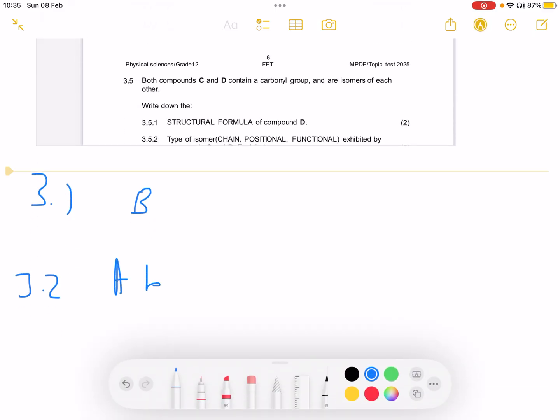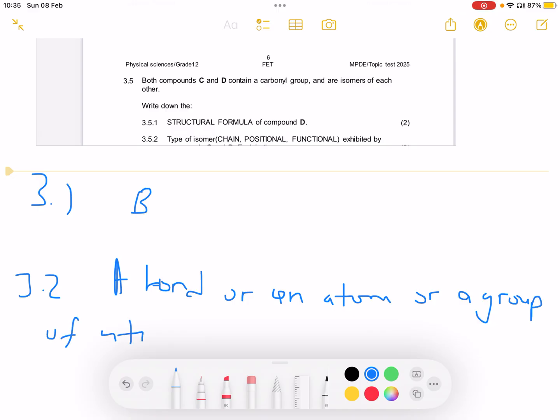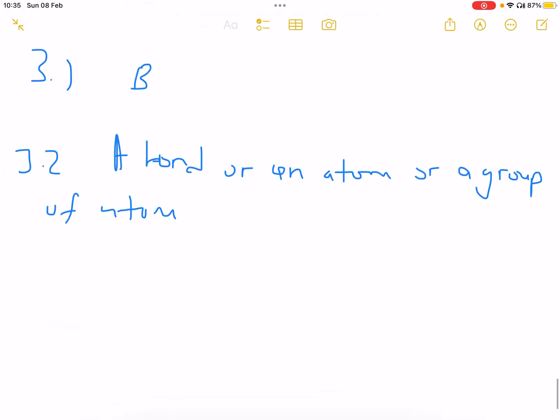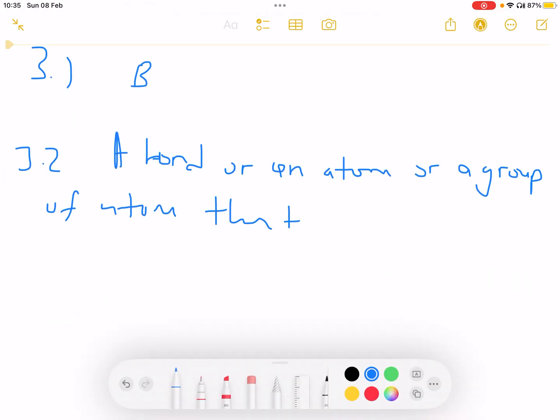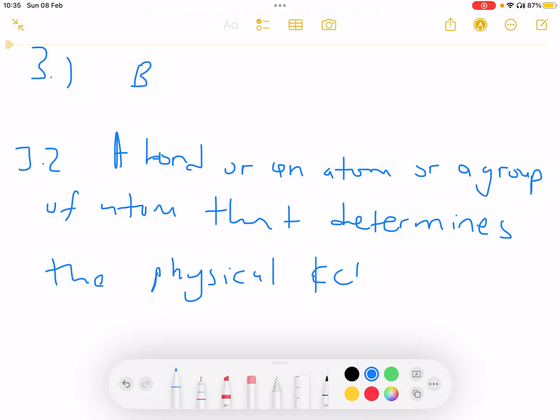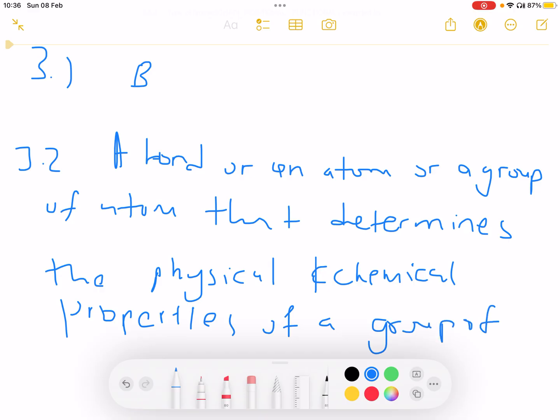Now, a functional group is a bond or an atom or a group of atoms that determines the physical and chemical properties of a group of organic compounds.